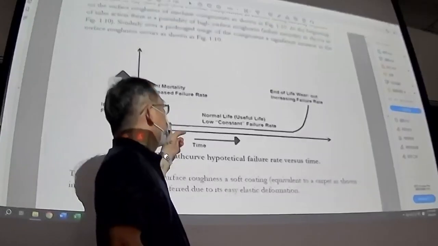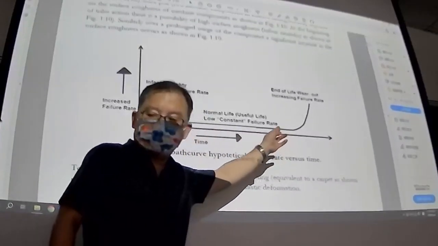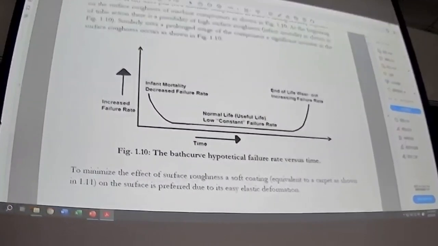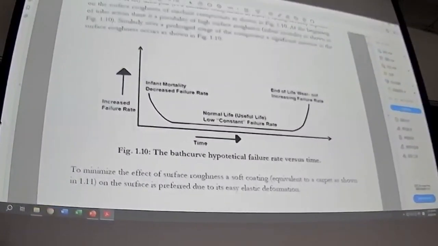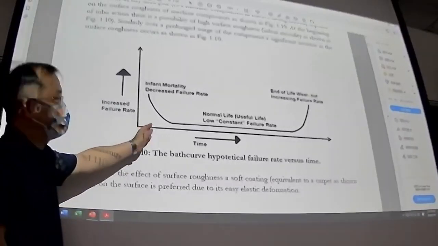So in this area to here, the mechanical device operates in a normal condition for a long service time. Okay.